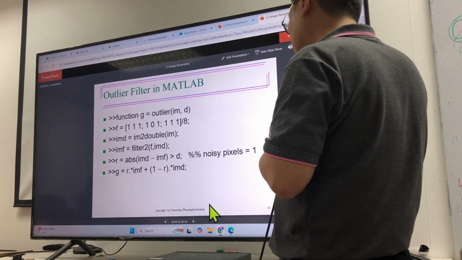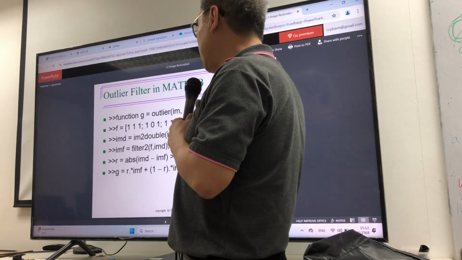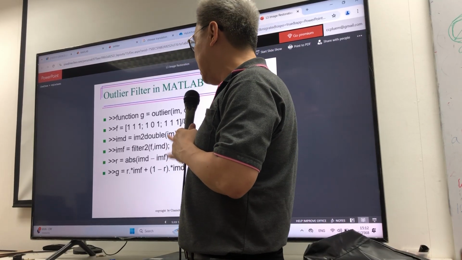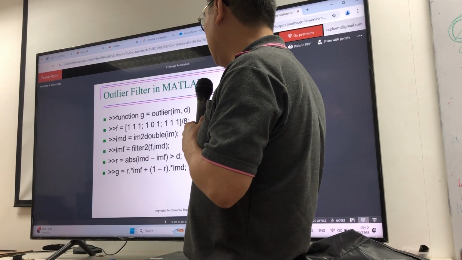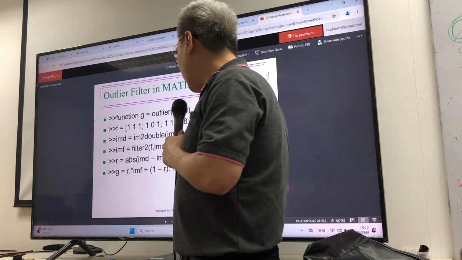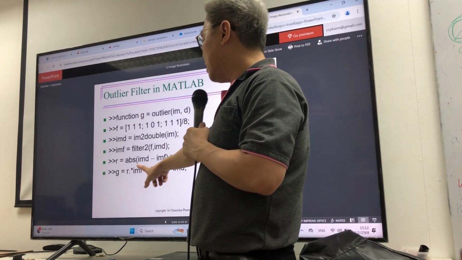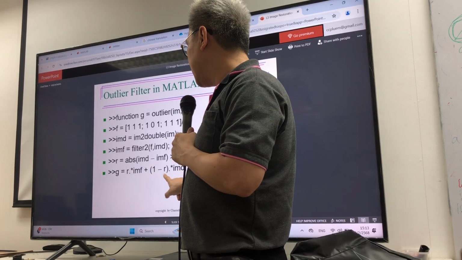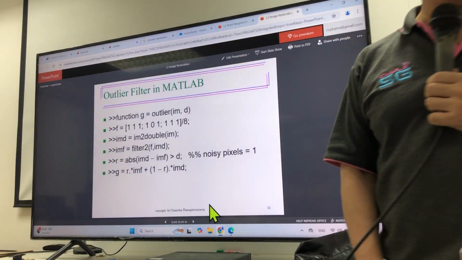You convert into doubles and filter it. If the difference is more than D you get a 1, if it's less than D you get a 0. At the end you get R times IMF plus 1 minus R times IMD. This is the outlier filter.